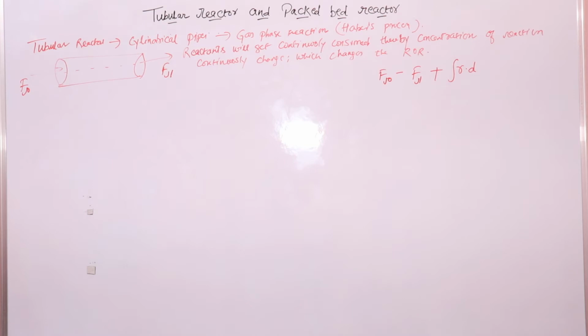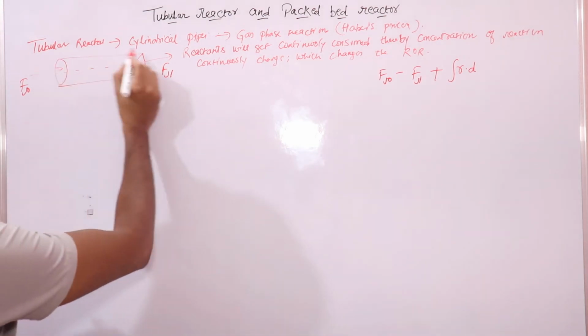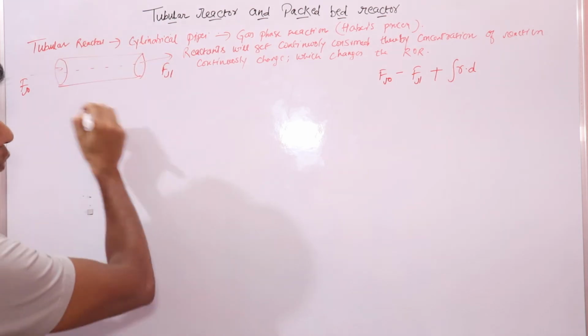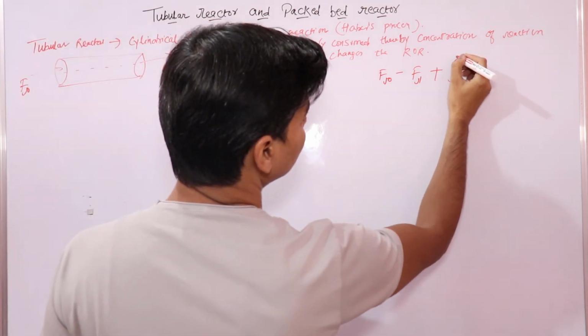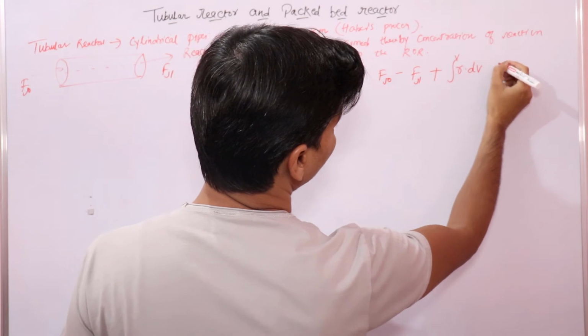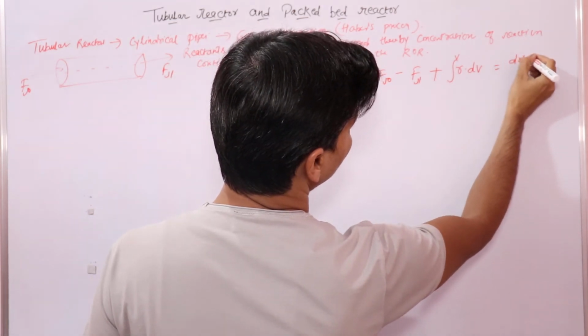This is what the mole balance equation says. Since we are doing this inside the volume of the reactor, it would be dNj upon dt.